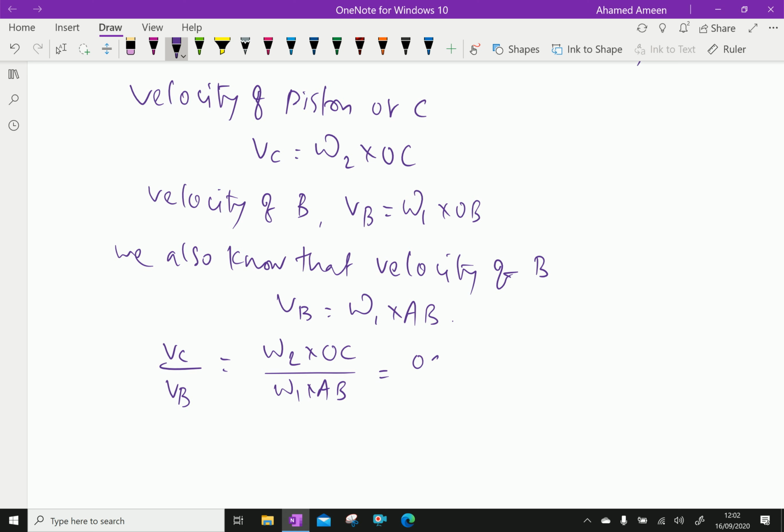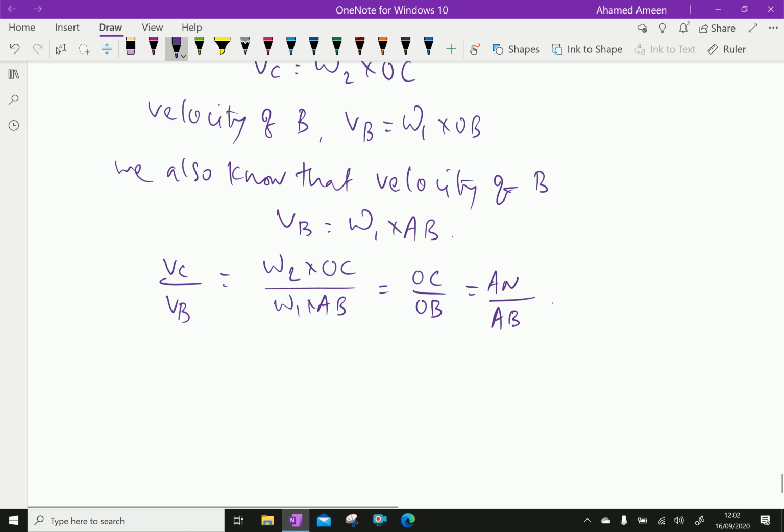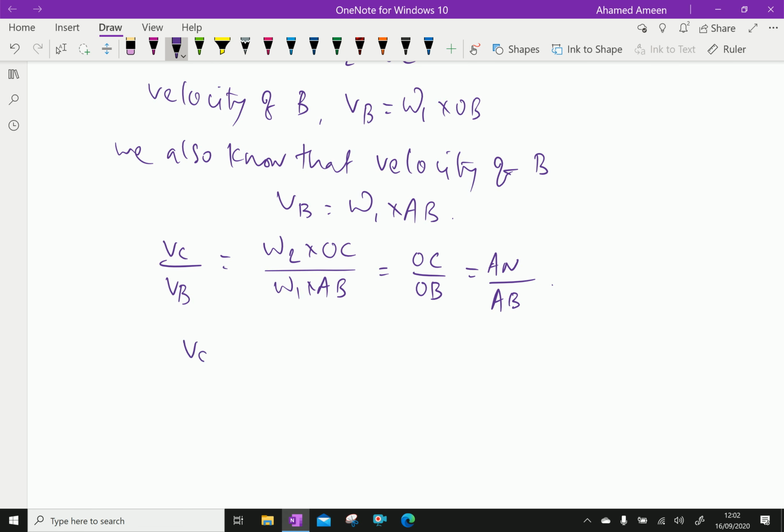Also OC by OB equals AN by AB, as we have the result before. Therefore VC equals VB into AN by AB, which is equal to omega 1 into AB into AN by AB.